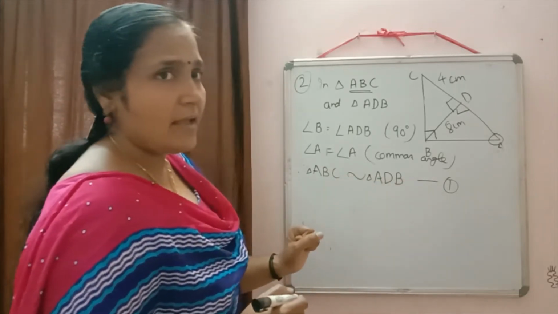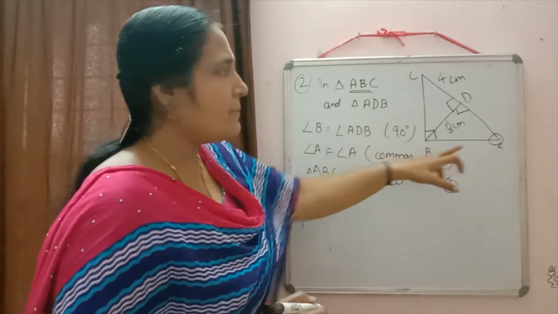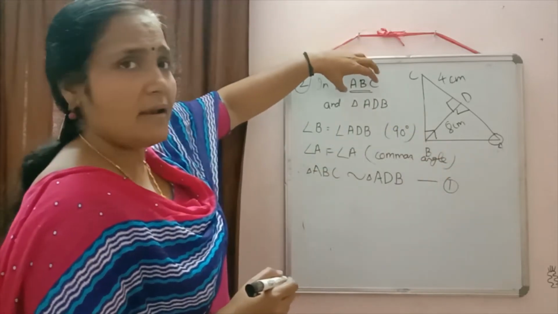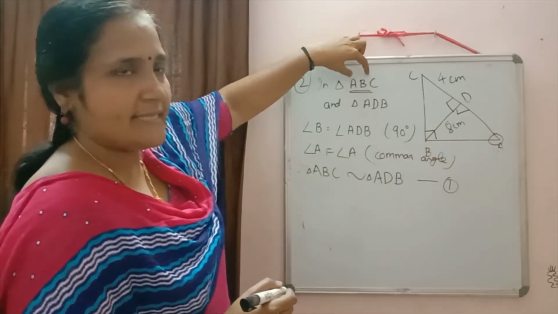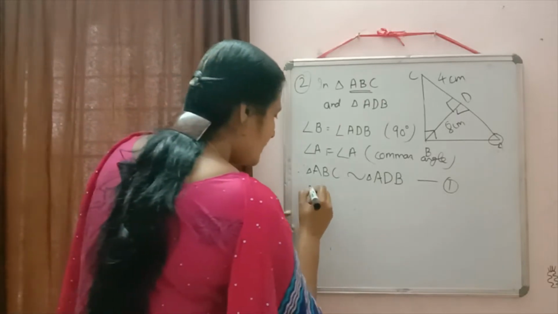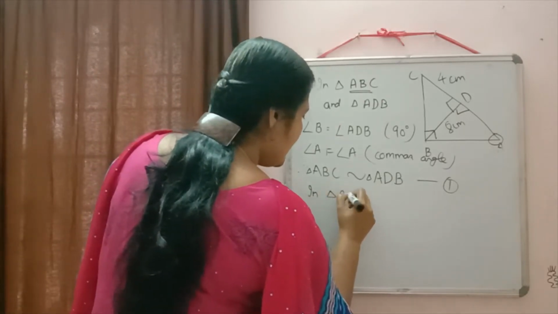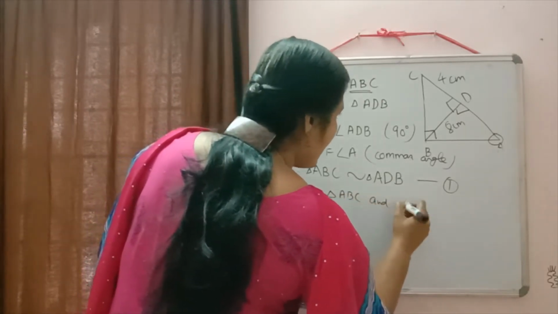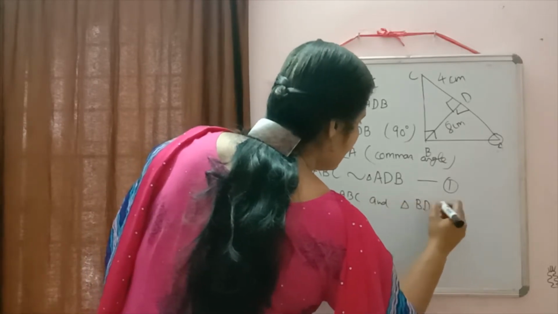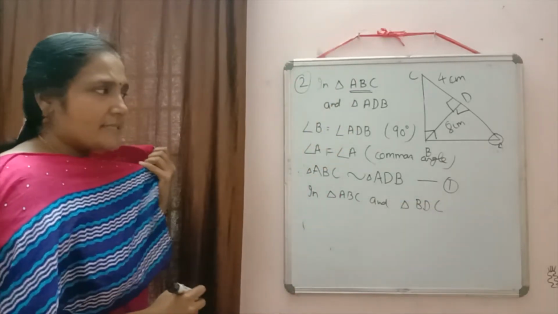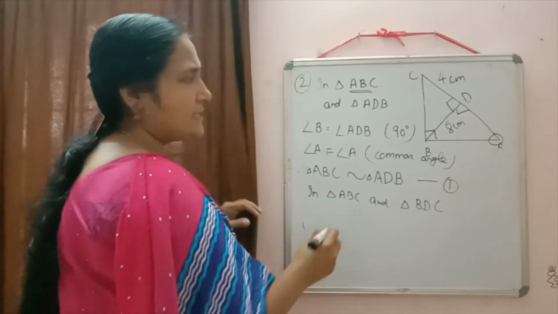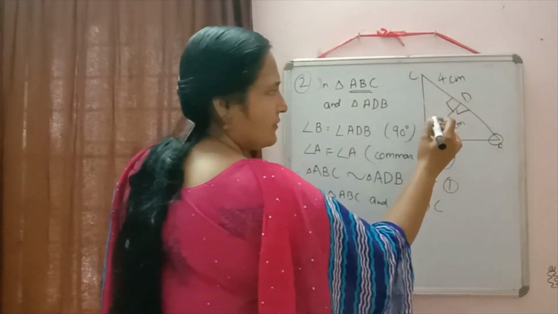In the same way, now we will prove triangle ABC because this is the common one. That's why this name we will not change there. In triangle ABC and triangle BDC. This one. So again what will come?